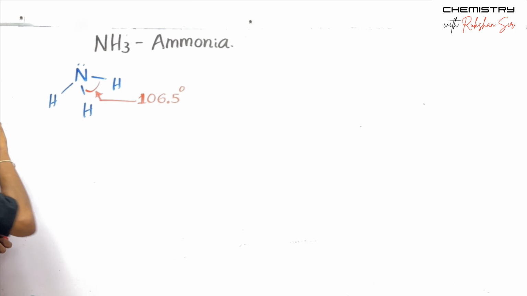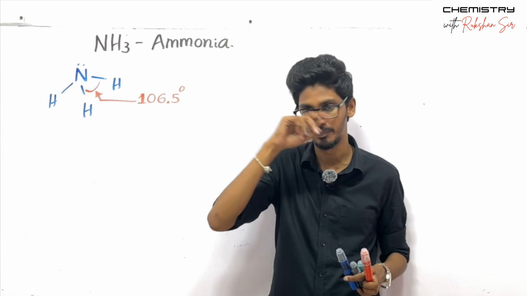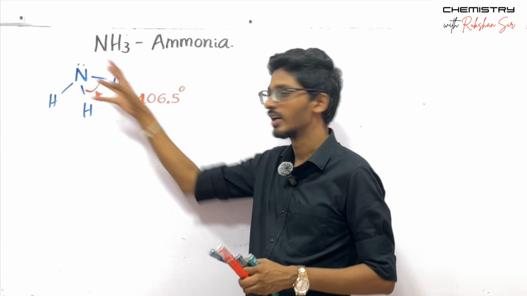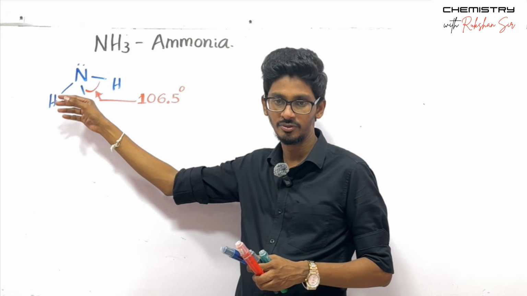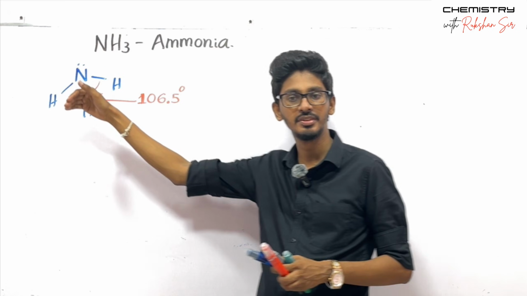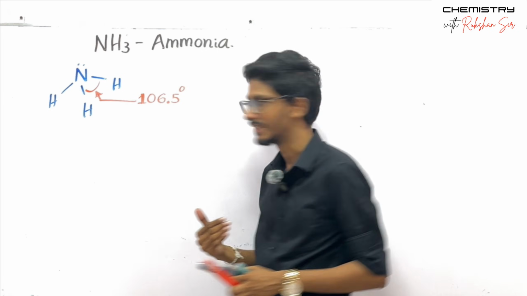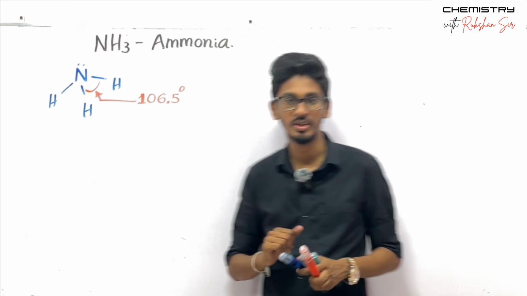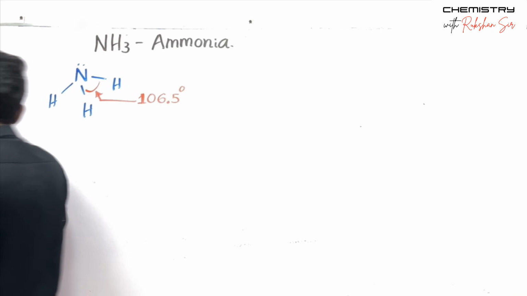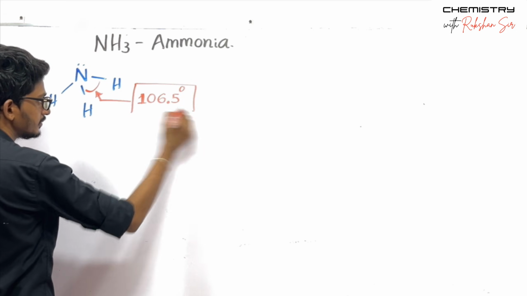Normally we would think of that value as 107.5 if we apply the general rules. Tetrahedral geometry has 109.5, and deducting 2 units for the lone pair gives 107.5, but ammonia's actual angle is 106.5. So you should know that value. For ammonia and water, the accurate values should be known.